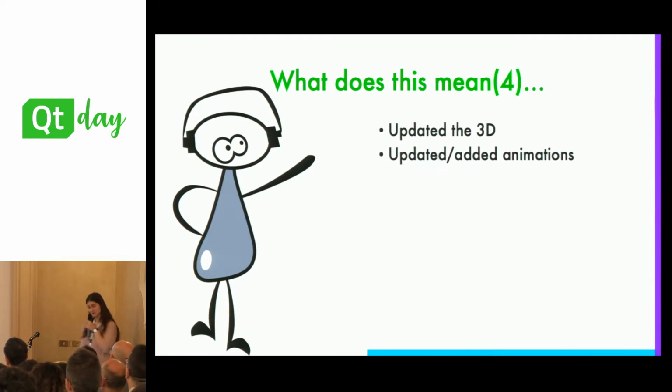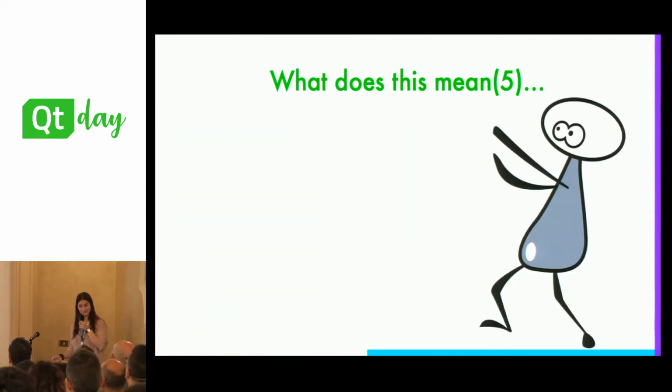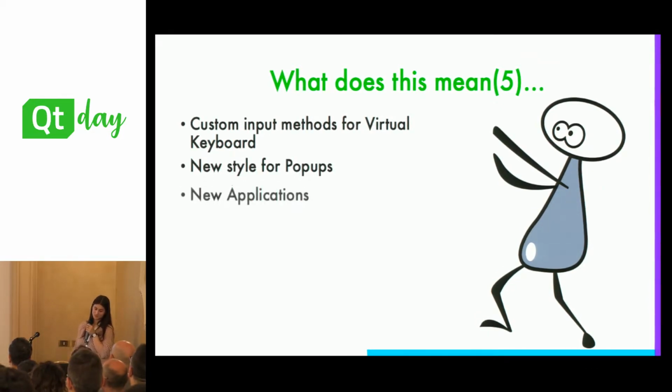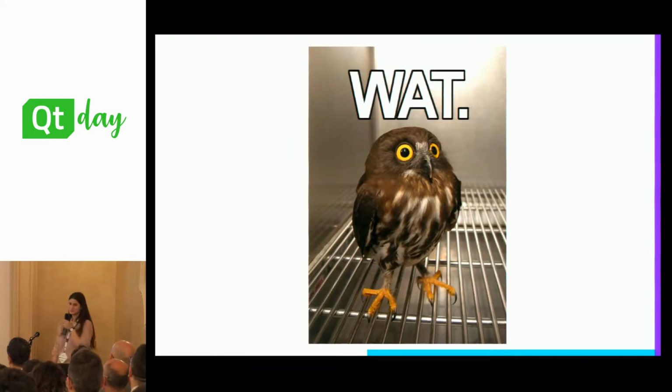We have updated and added some more animations. We have now new assets. We have more styles and themes. We have integrated a voice assistant. And we have several custom input methods for virtual keyboard. We have new style for pop-ups, new applications, features, features, features. And we, once again.